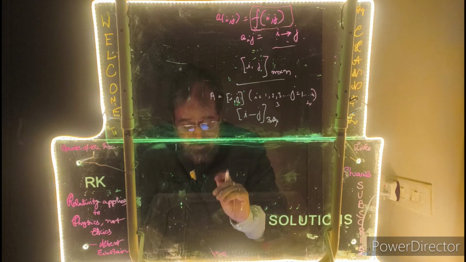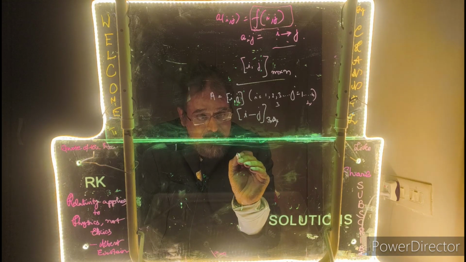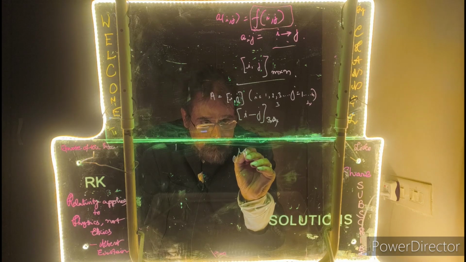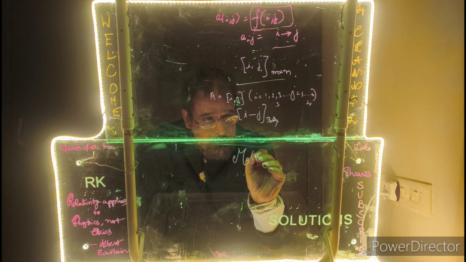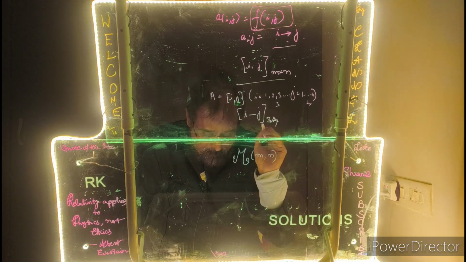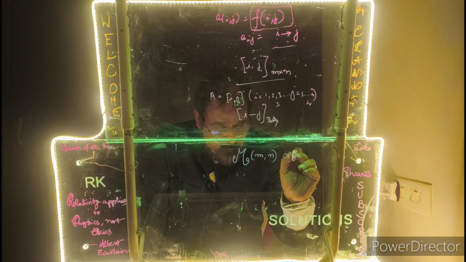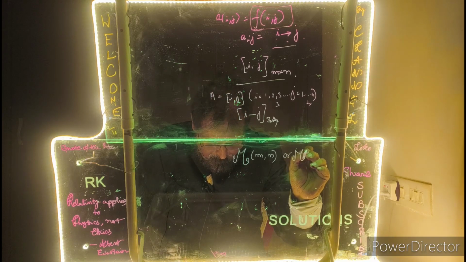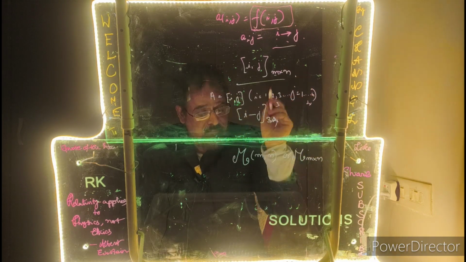Now, the set of all m by n real matrices is denoted by stylized M, m, n, or even stylized M, mn, like we denote here.